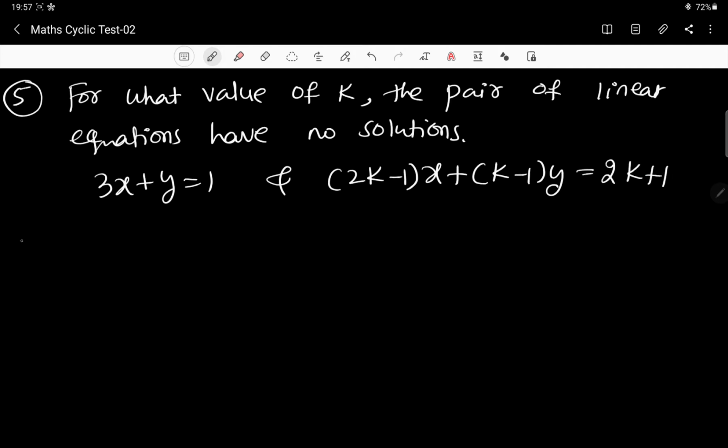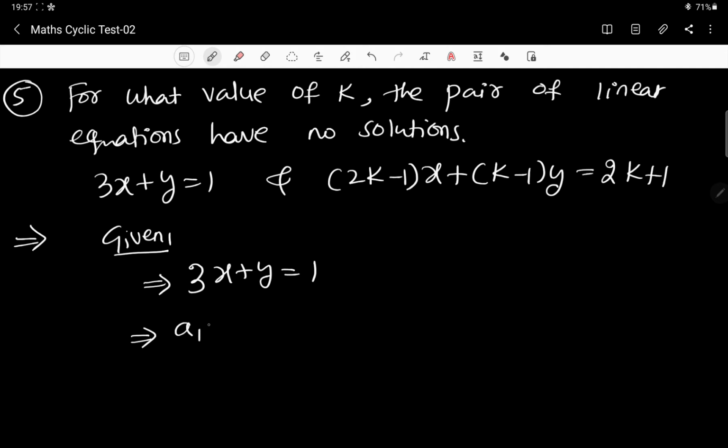Now how to do this? Model answer I am writing here. So what is the given data? The given data is 3x plus y is equal to 1. Now dear children, this one can be compared directly, no? So this can be compared with a1x plus b1y is equal to c1. Don't think that it always has to be compared with plus c1 is equal to 0 only, with this one brought this side so it becomes minus 1.